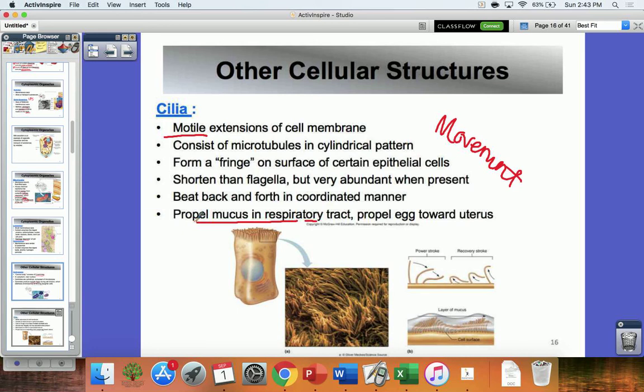Also, when the egg from the female is released from the ovary, we have cilia that's going to push that egg towards the fallopian tube and also towards the uterus after it has been fertilized. These are more like hair-like shortened structures that help with movement.